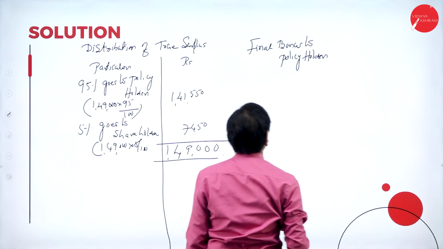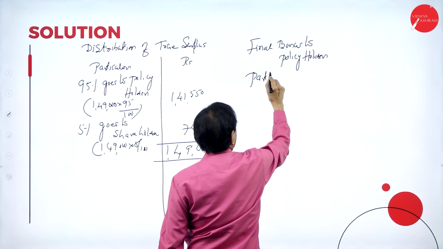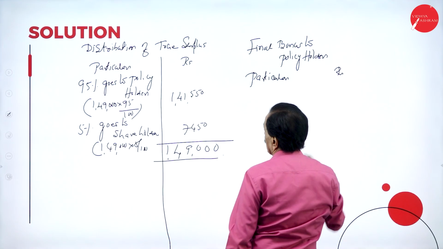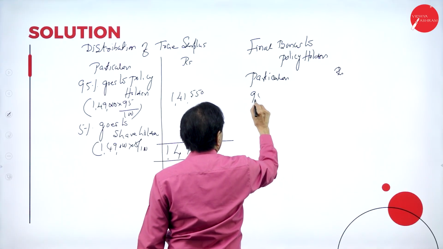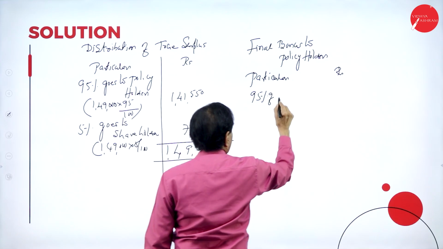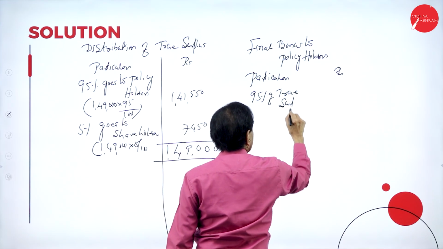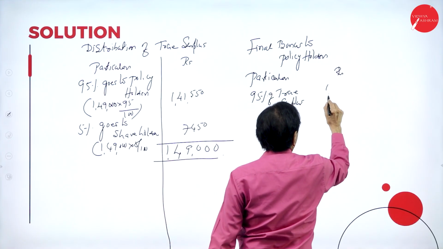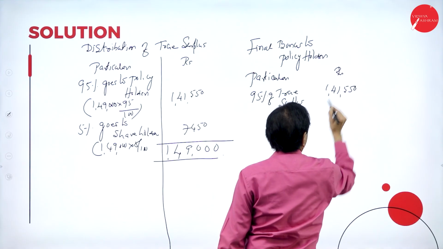Final bonus to policyholder. Particulars, rupees. 95% of true surplus that goes to policyholders, 1,41,550 is payable.